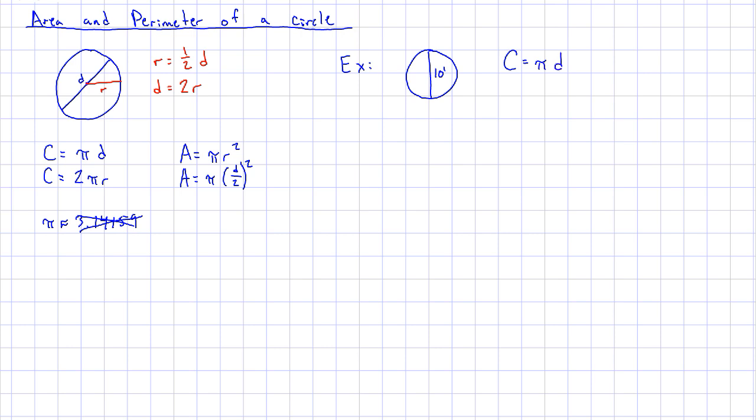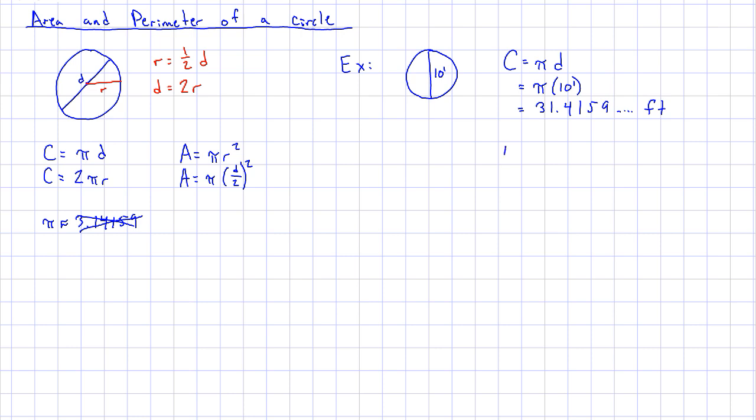The diameter is 10, so I'll have pi times 10, and when I plug that into my calculator, I get approximately 31.4159, and it just continues on forever. Your problem will tell you what you need to round to. But this should be feet because it is a linear measurement. The 10 here was in feet, so that should be units of feet.